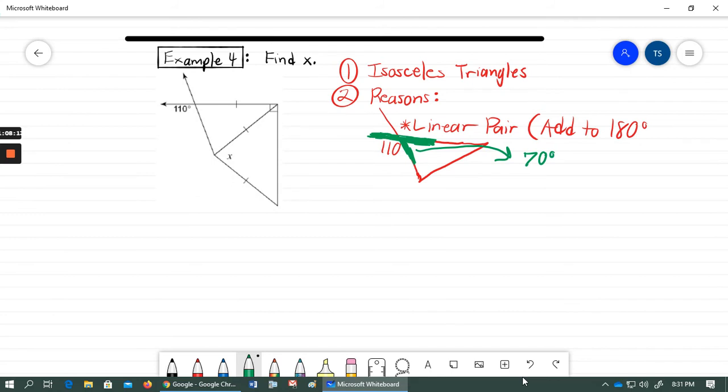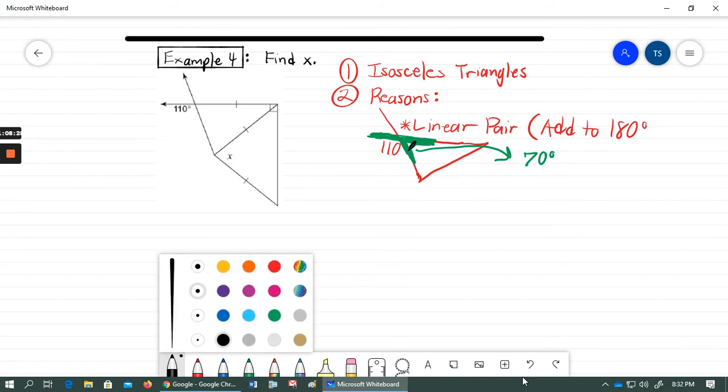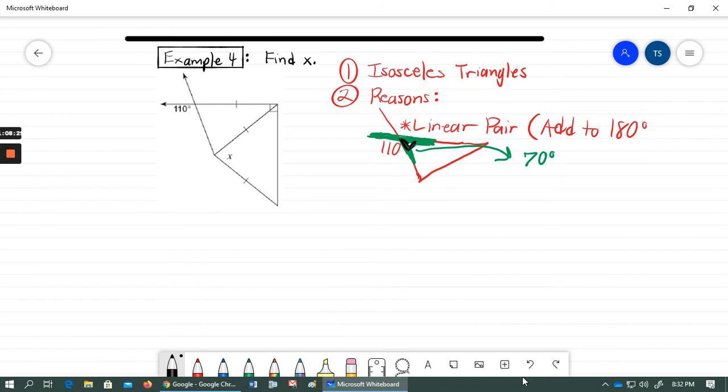So that angle there has to be 70 degrees. Yeah, I really don't even like the way that looked, but it's going to be all right. This angle right here is 70 degrees, so we got that angle.